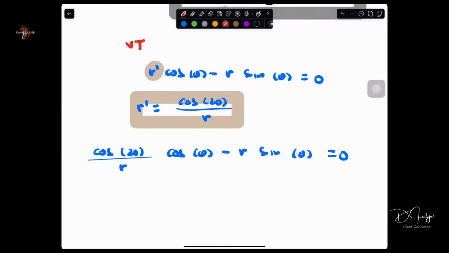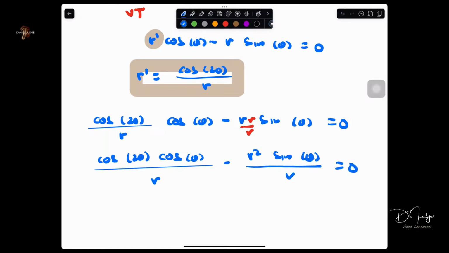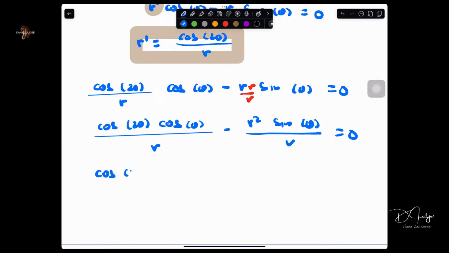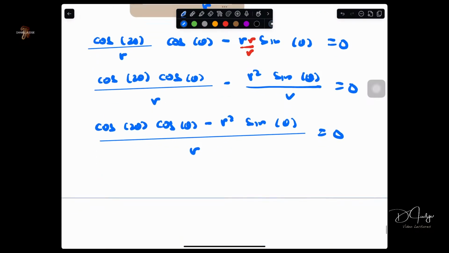So we're going to multiply the top and bottom by r. We'll get cosine double theta cosine theta over r minus r squared sine theta over r equals your 0.